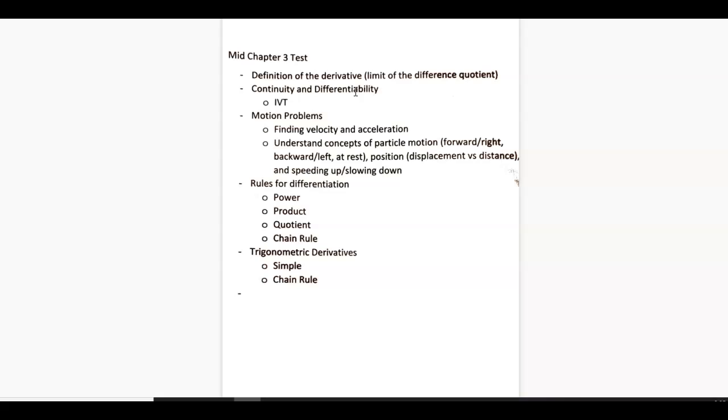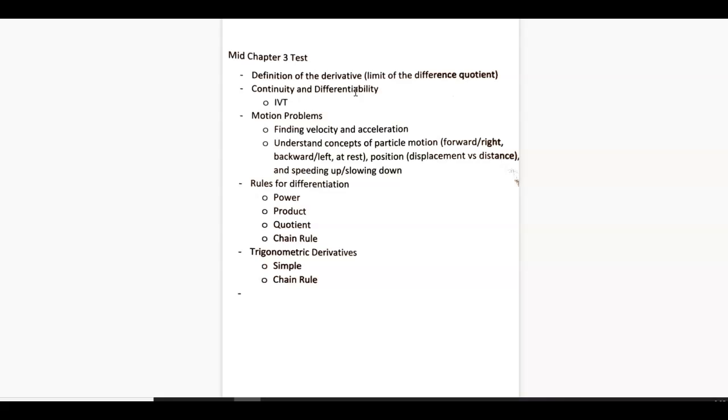I will anticipate that you can find velocity and acceleration, that you understand particle motion in both the forward and backwards direction. You know when a particle is at rest. You can understand the difference between displacement and distance. And you know how to find speeding up or slowing down.